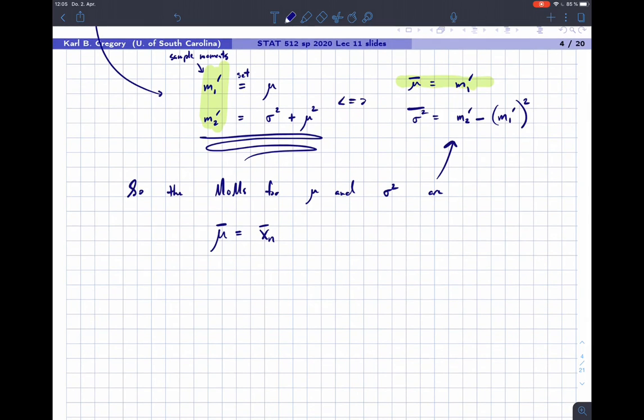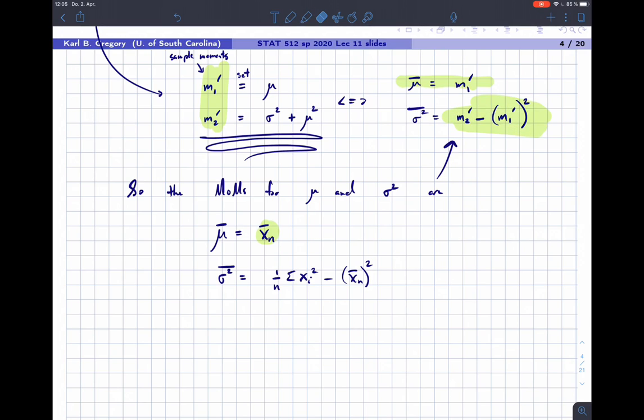That's kind of a more familiar way of writing the first sample moment. And sigma squared bar, our estimator of sigma squared, is the second sample moment minus the first sample moment squared, just taking it from here.